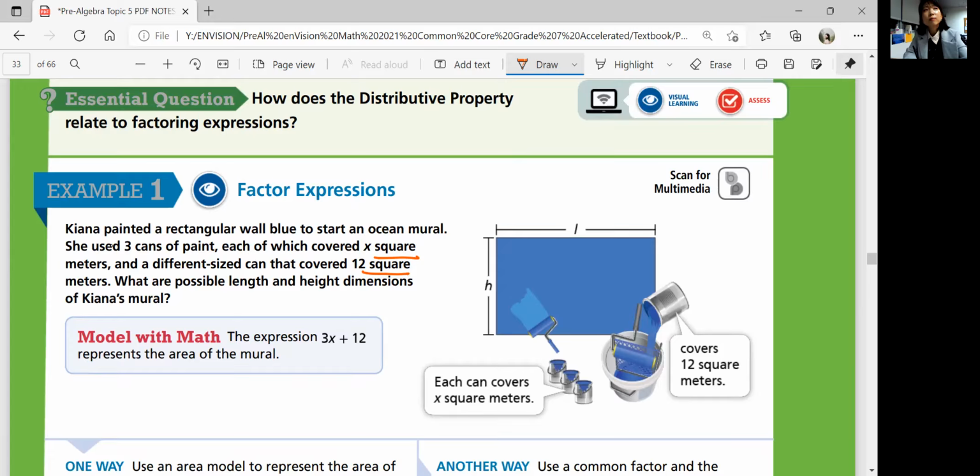If you add them up together, you don't know how many cans of paint she used for covering x square meters, right? So 3 times x, using 3 cans of paint, you don't know the area that it covered, but 3x plus 12 would be the area that she covered total in this situation.